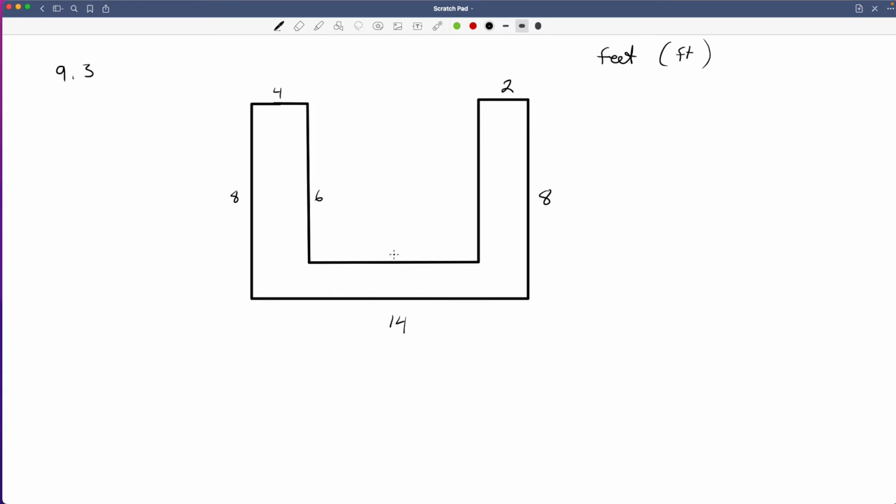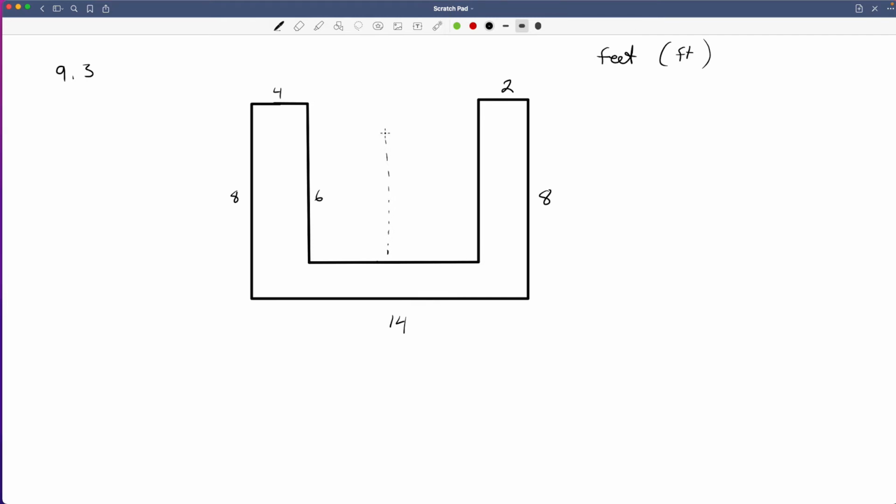And because we know these are all right angles, we know that this side of the line stops here. So this line and this line are going to be the same length. So that means that this line is 6, right?